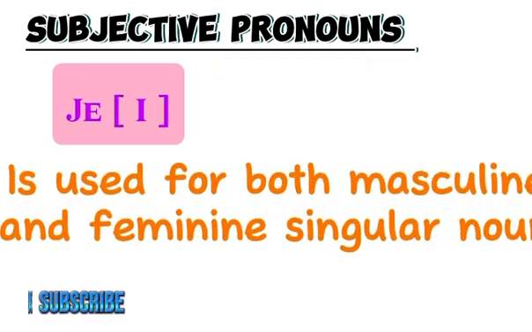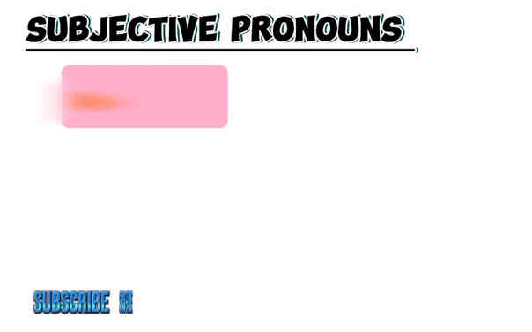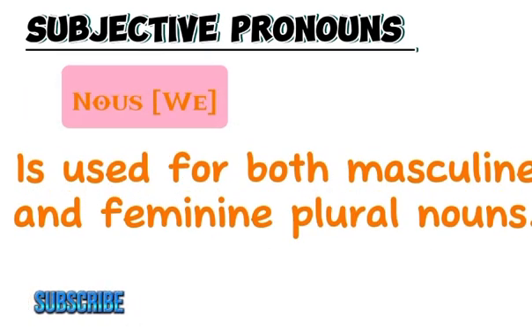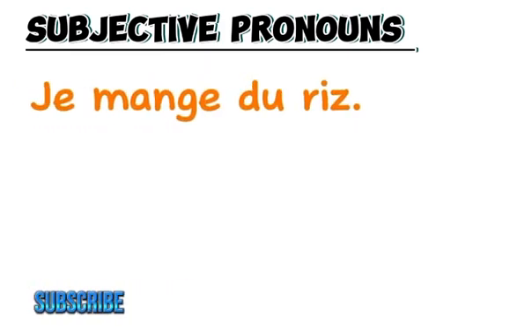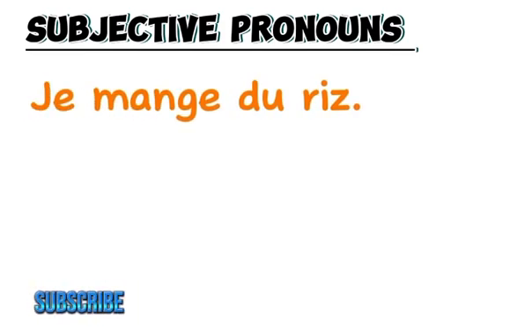Je is used for both masculine and feminine singular nouns, whilst nous is used for both masculine and feminine plural nouns. For example, je mange du riz. And this means I eat rice.